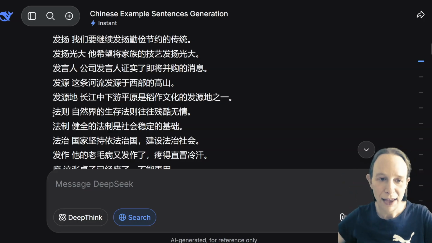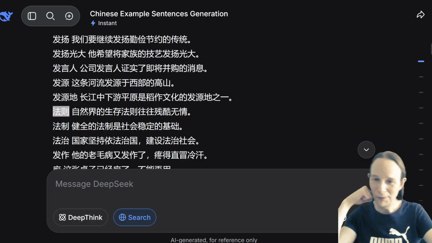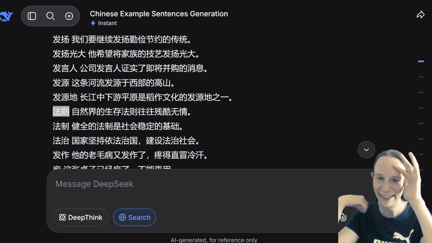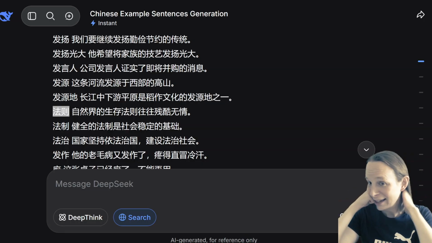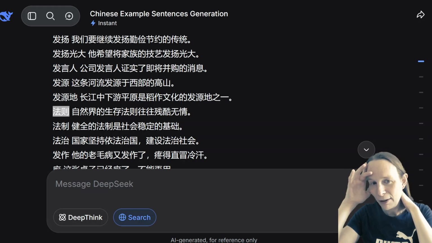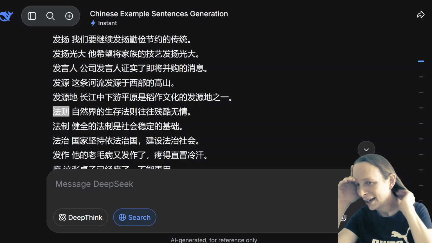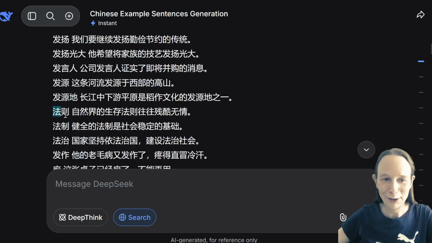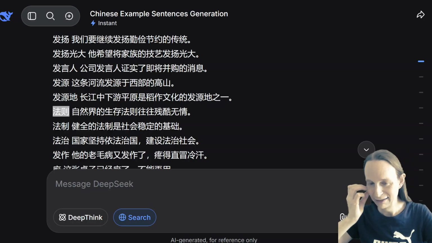All right. 法则. Yeah, there's a whole bunch of levels, different types of rules and regulations in Chinese, and I never get them correct. But 法定, 法规, 法则, 规则, 规定, 规章. Yeah, 法则. I think, what is it?